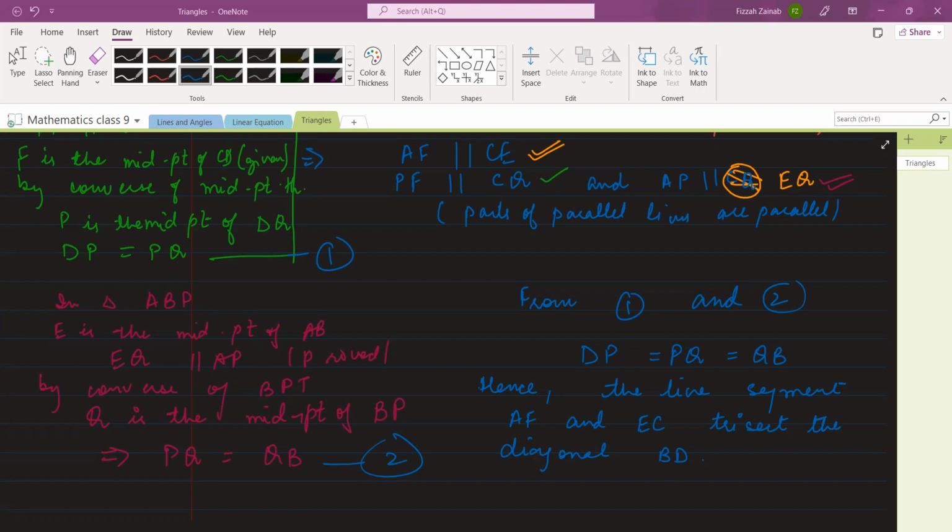So ninth and 10th are remaining. Then constructions, I think it's out of syllabus. Let me just check. Okay, 12th, we have Heron's formula. I think that we have done, right? Heron's formula earlier we did. Yes, ma'am. Okay. Surface area and volume we have not done. Statistics we have already done.